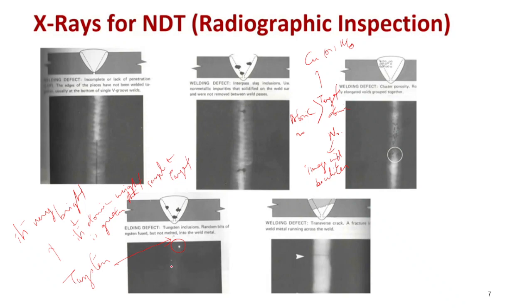So it appears as very white spots. Then transverse crack. A crack or fracture is noticed over here. Because of a crack, there is nothing there, no metal continuity. As a result, it will appear black in the X-ray vision.